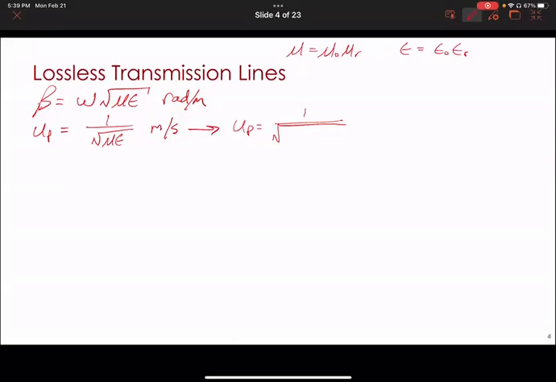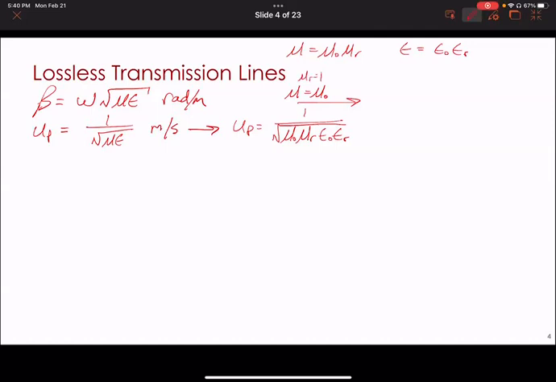The subscript r stands for relative, and that changes for different materials. So I can write the whole thing out: mu naught, mu r, epsilon naught, epsilon r. We are going to make a usual assumption that mu equals mu naught, because most of the materials we deal with, in fact, have that. In other words, mu r equals 1.